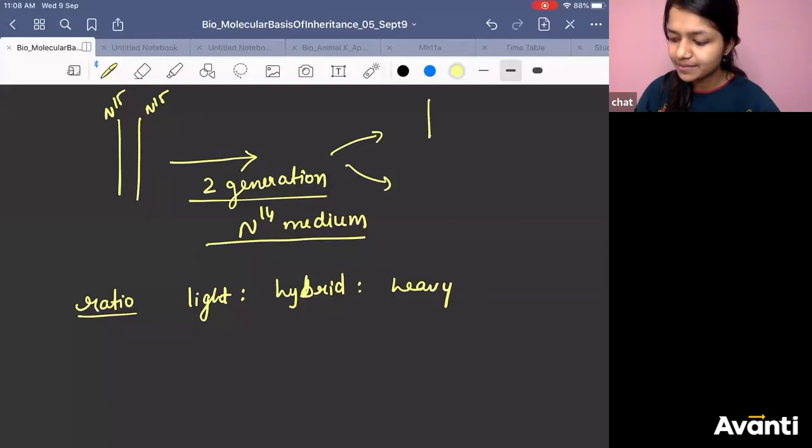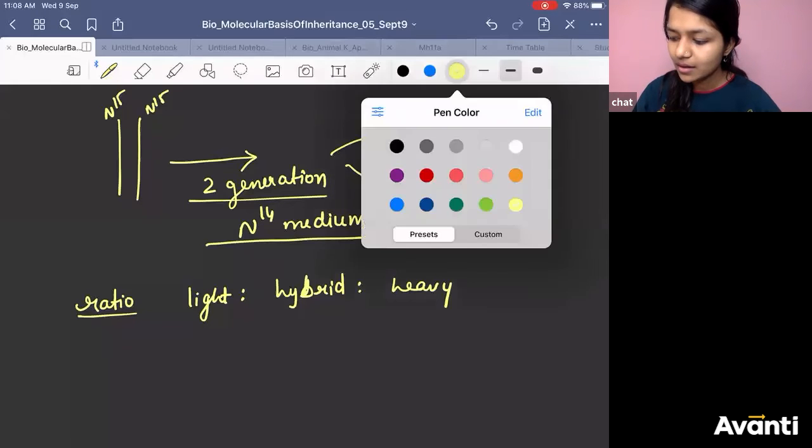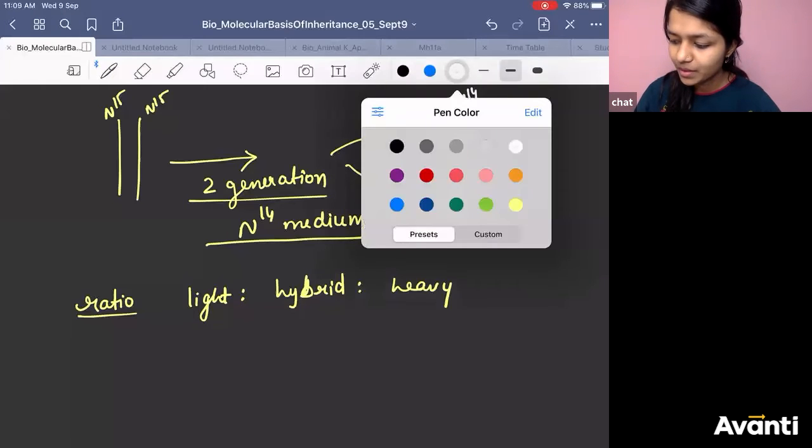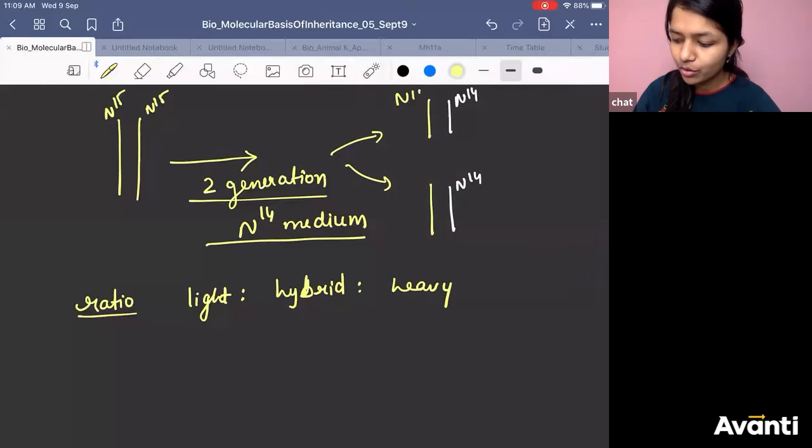Just separate it. Now draw it with a different color to understand. This is N14. This is 1 generation. You allowed it to grow for 2 generations. What will happen in the 2nd generation? You will get N15, N14. This is N15, the parental strand.